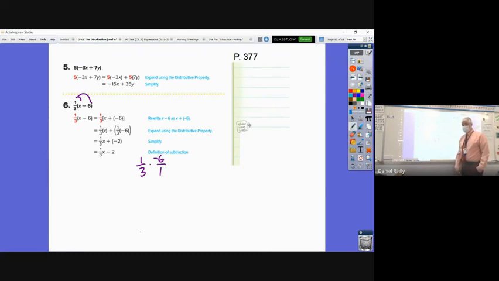You can't just think about what 1/3 times 6 is in your head. And so then you can cross reduce here. They're both divisible by 3, and you get negative 2. That's where that comes from. So 1/3 x plus negative 2, or 1/3 x minus 2. You can write your answer either way.